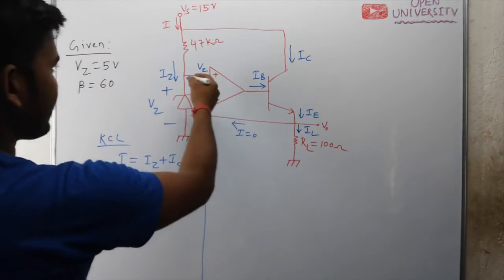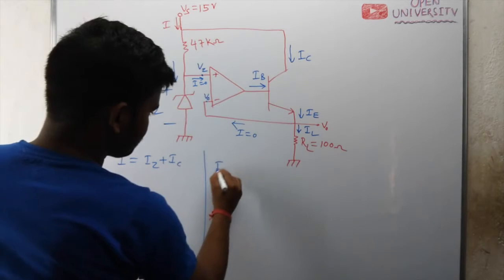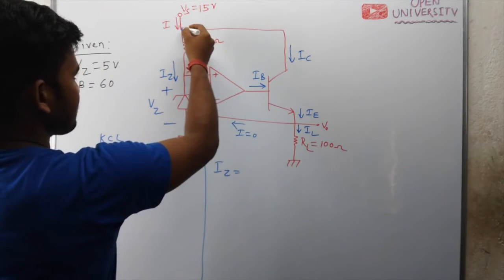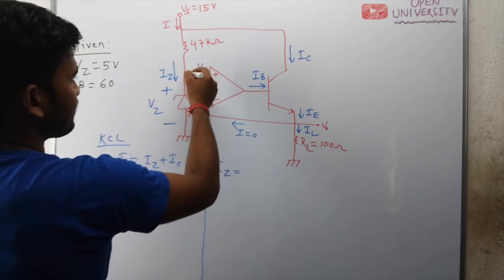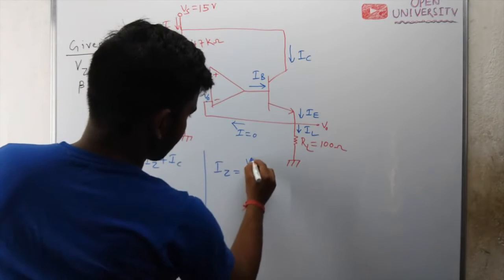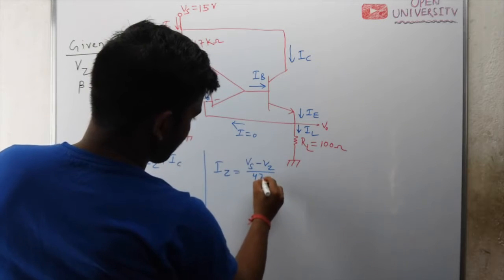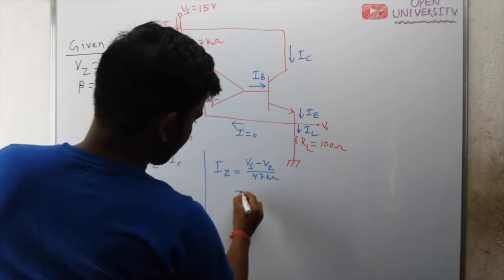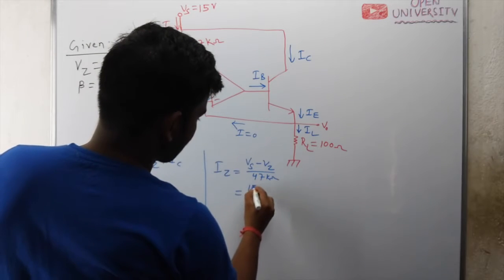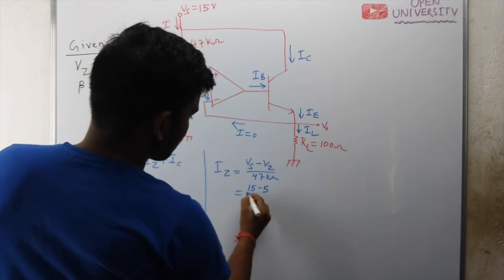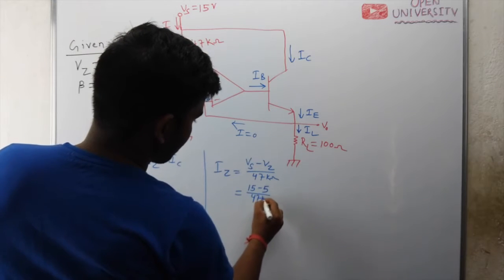How to get the Iz value? You can write Iz as Vs minus Vz divided by 47 kilo ohm. Vs is given as 15 volt and Vz is 5 volt, divided by 47 kilo ohm.